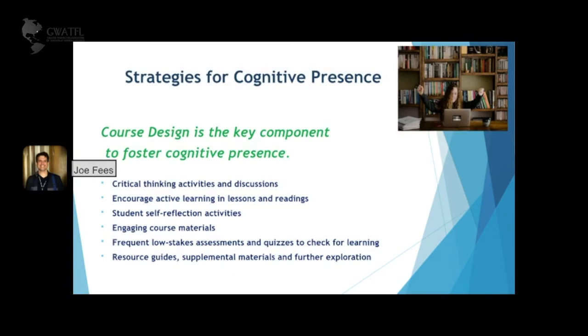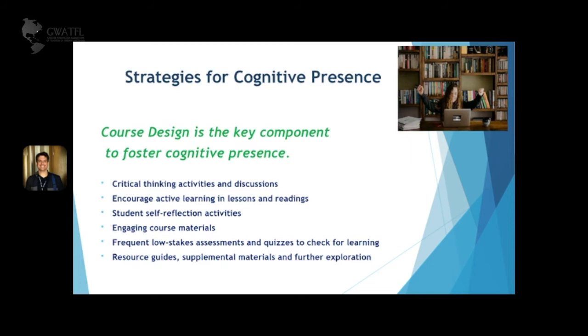Of all of these, the most important component is course design. You want a well designed course that will encourage students and challenge students to work through the material. Some other strategies include critical thinking activities and discussions. Encourage active learning in lessons and readings.